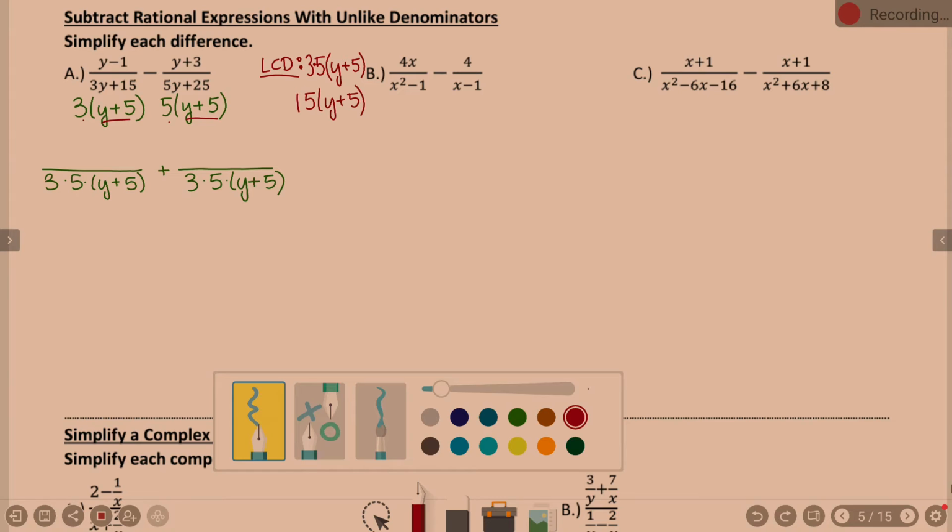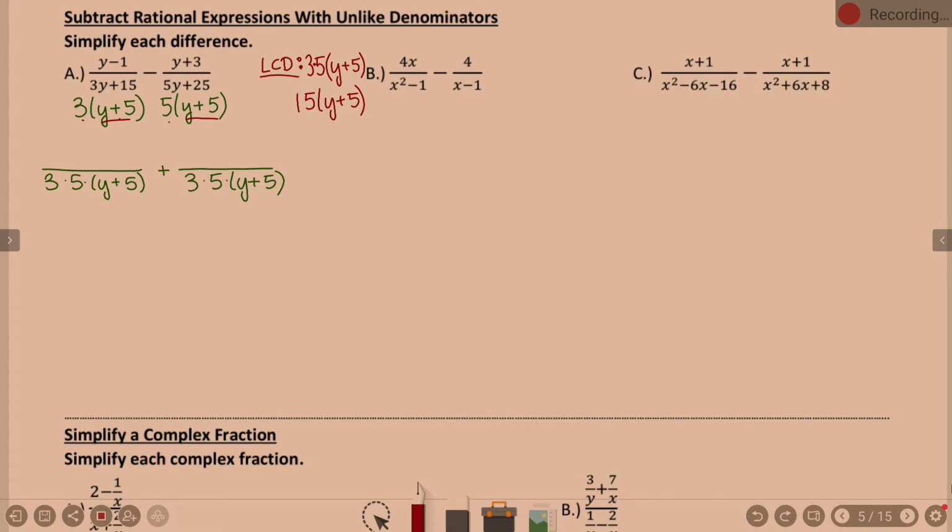Common denominator is supposed to be 3 times 5 times y plus 5. What's my first fraction missing? It has 3. It has y plus 5. We're missing the 5. So what do I have to do up here? I have to multiply by 5, right? So we need to multiply here by 5, which means I have to multiply here by 5.